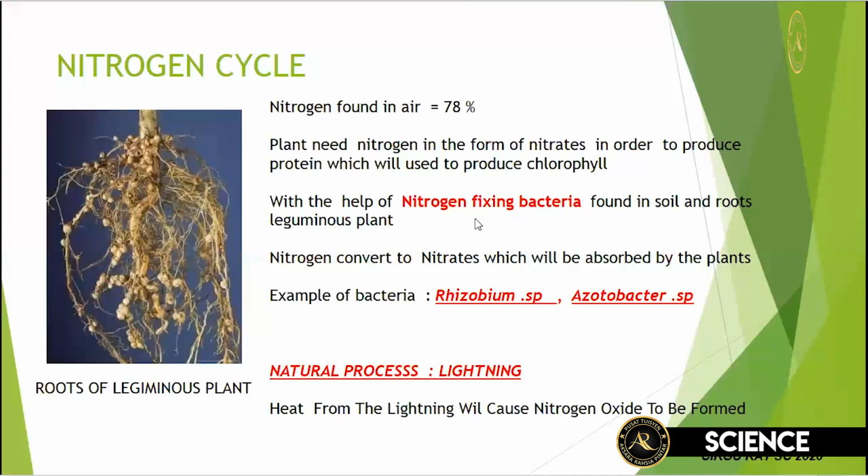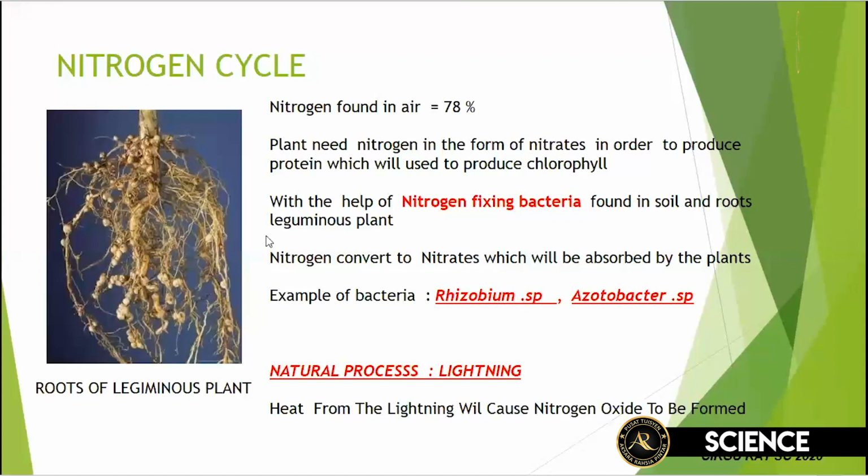Now, with the process of nitrogen fixation, the bacteria will convert nitrogen into nitrate, which will be absorbed by the plant. Examples of nitrogen fixing bacteria are Rhizobium species and Azotobacter species. These are two species which will help in the process.